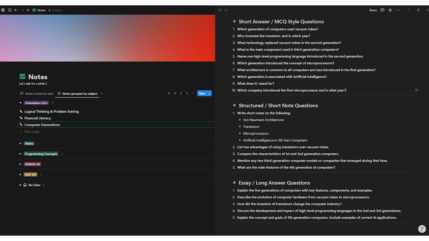So it was introduced by the time of fourth generation.